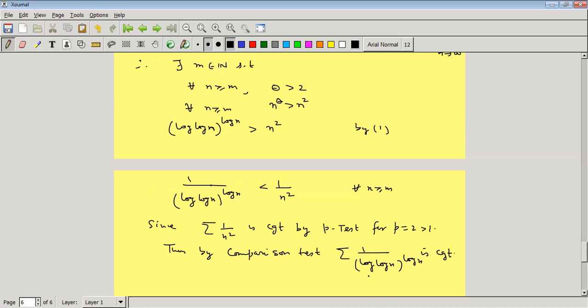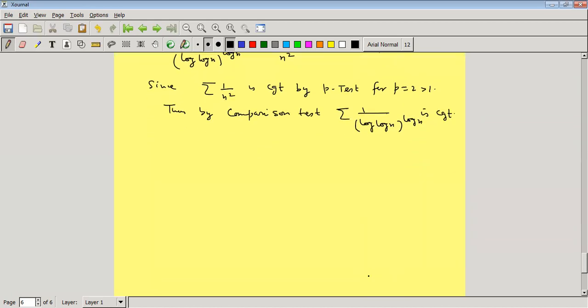So in this way we can prove that this series is convergent. Example 4.